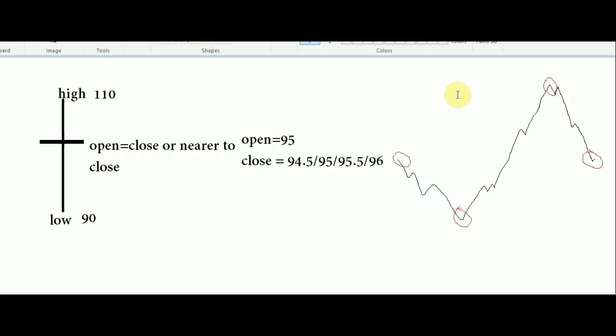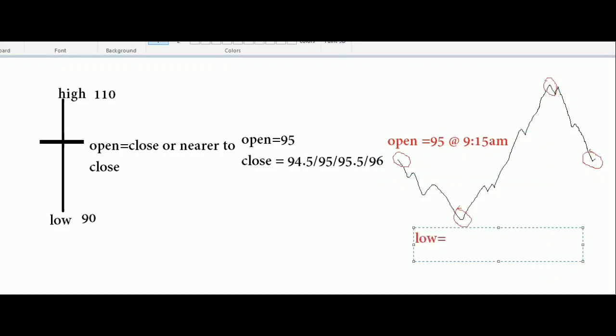Now let me write the open. Open is equal to how much? You can tell it is 95 at 9:15 a.m. This is the lowest point.